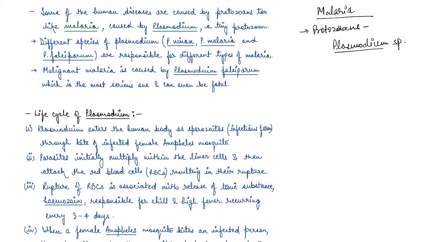The genus is Plasmodium, and different species are there, like Plasmodium vivax, Plasmodium malariae, and Plasmodium falciparum.